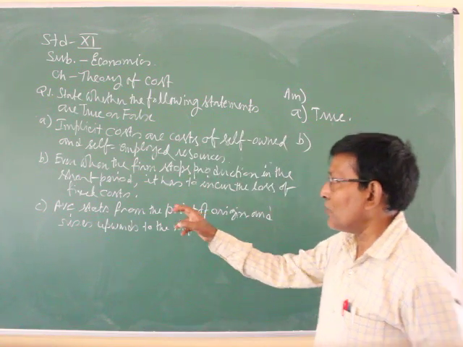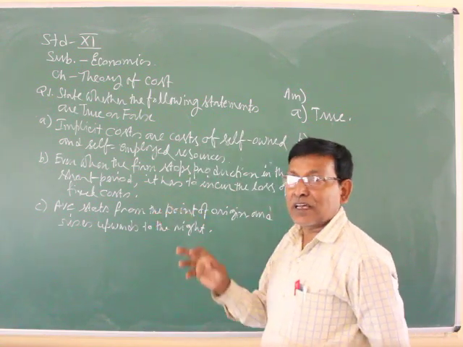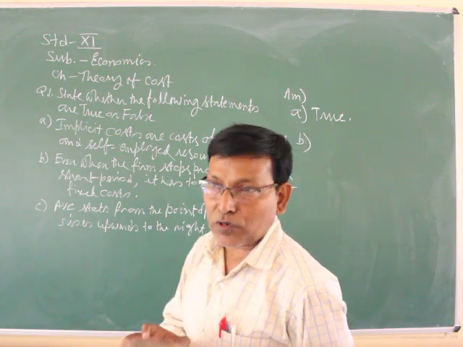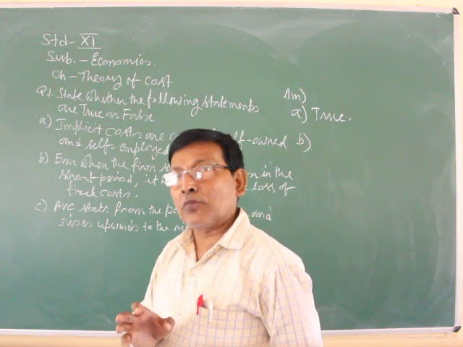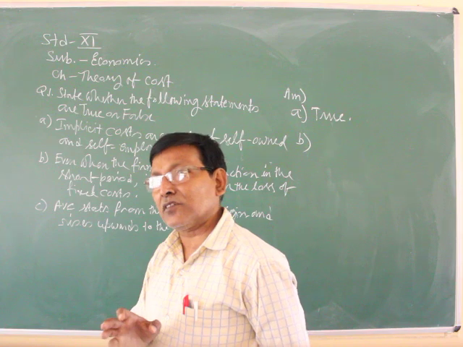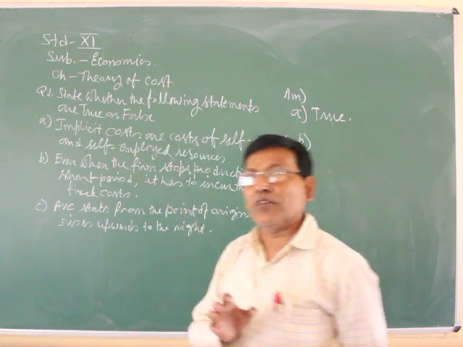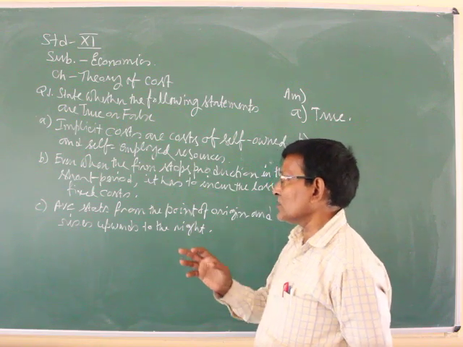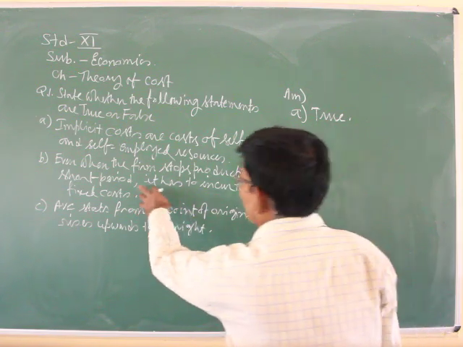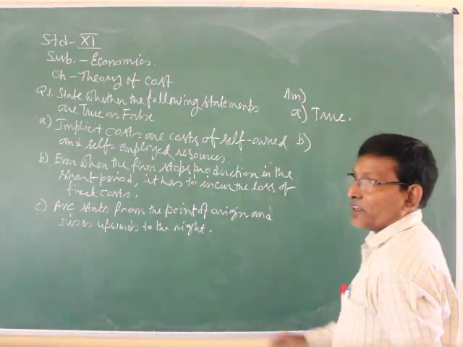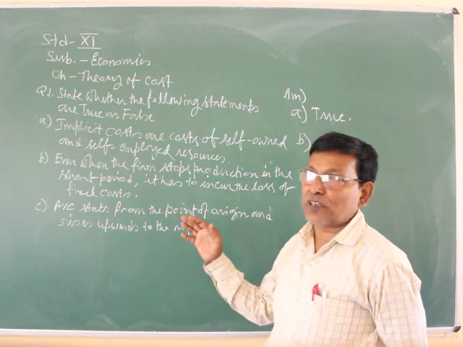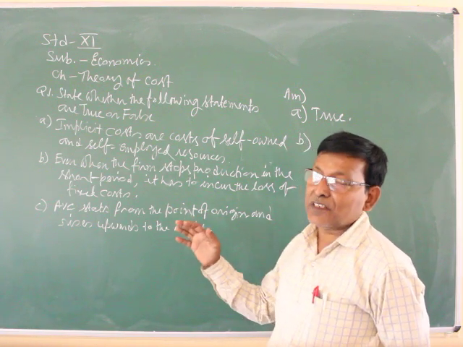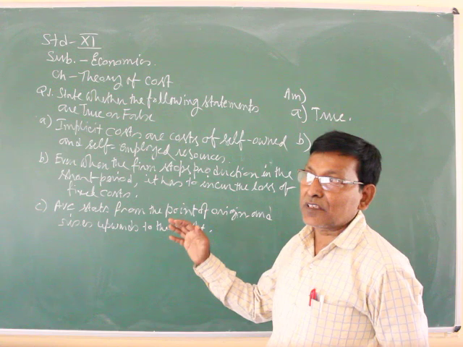Now we have learned the meaning of fixed cost. It does not depend on the level of output. If the production is 0, we have to spend a certain amount of fixed cost. If the production is 100, 50, whatever it is, we have to spend the same amount of fixed cost. So even when the firm stops production, if production is stopped or going on, it will not influence the fixed cost.